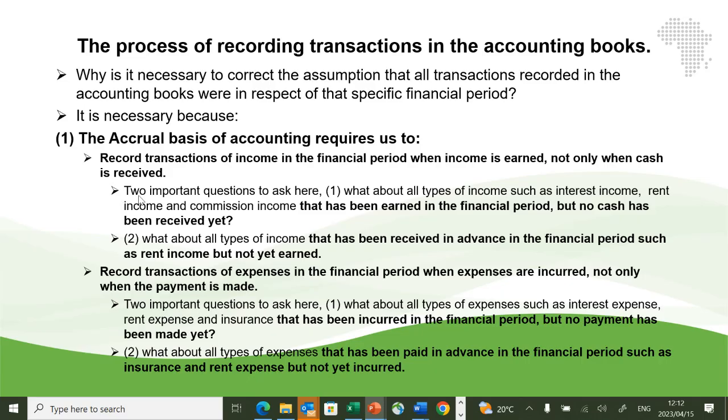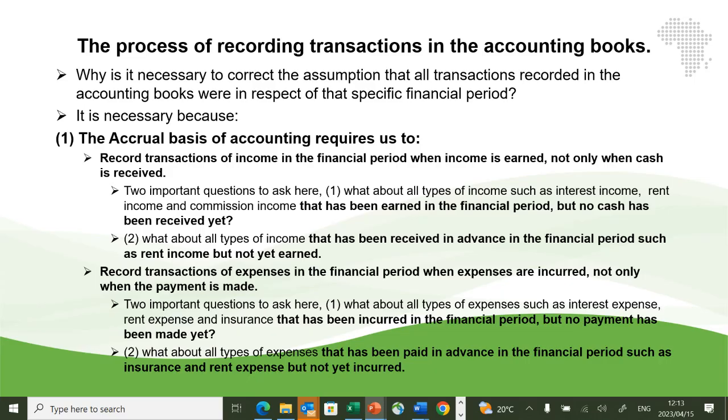Let us move on. Here, maybe just to highlight two important questions that we can ask. What about all types of income, such as your interest income, rent income, commission income that has been earned in the financial period, but no cash has been received yet? Let's say, for example, that the rent per month is 1,000 rand, and the person started renting our space from the beginning of the year.